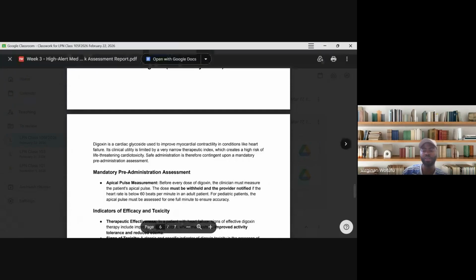And a very important note here, since we are nurses, we might have multiple patients and we are trying to buy time. You should always bear in mind that when counting apical pulse or respiratory rates in pediatric clients, what do you do? You count for the whole minute. You don't count and multiply, correct?